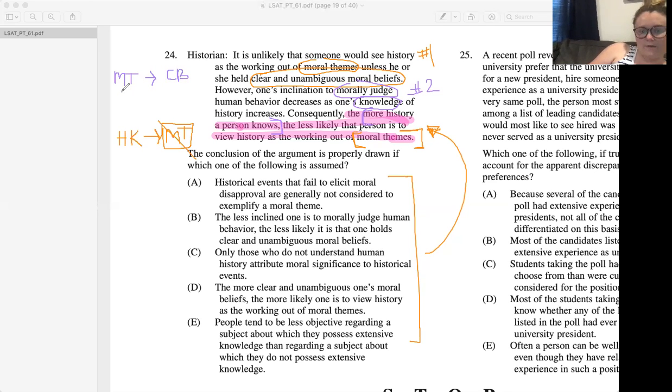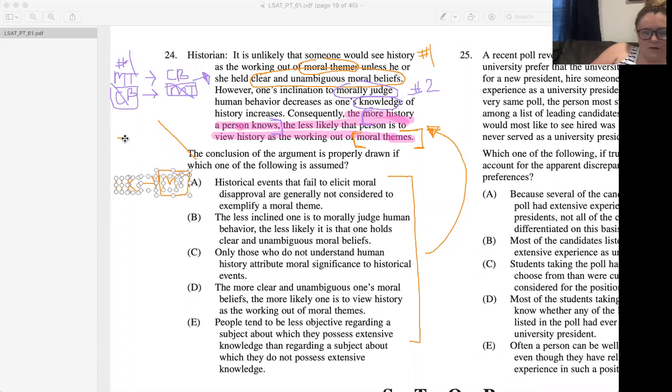Well, if we don't have clear beliefs, then we must not see history as the working out of moral themes. Which I'm getting all from premise number 1. I should just put a number 1 there so it's less confusing. And then I'm going to go ahead and move this conclusion down.